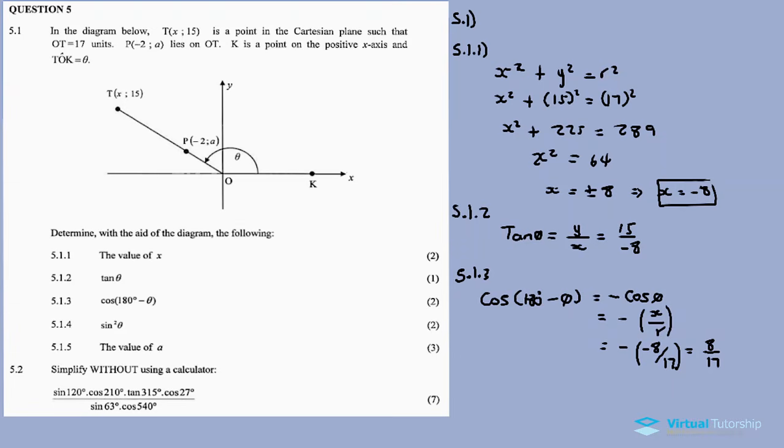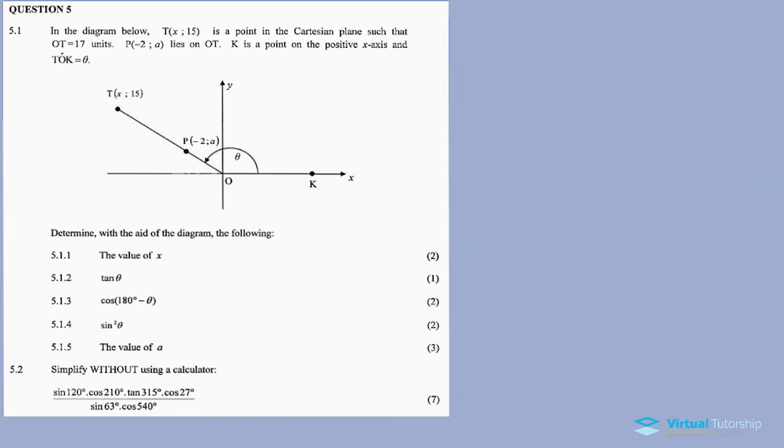5.1.4, sine squared theta is equal to what? That's the question. Sine theta is y over r, which is opposite over hypotenuse.